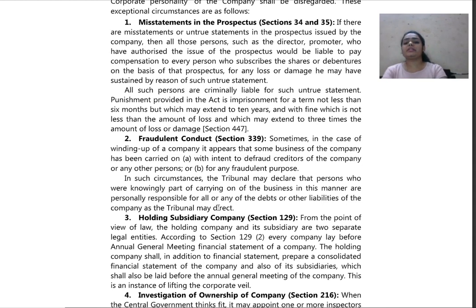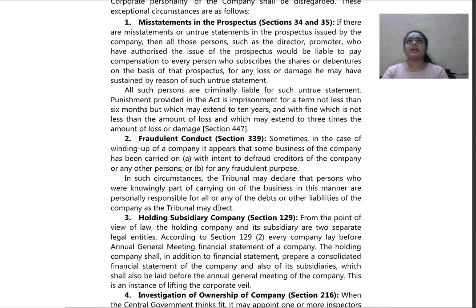So if there are misstatements in the prospectus, then in that case all the directors, promoters or the persons who have authorized the issue of the prospectus shall be responsible and shall be liable to pay compensation to the shareholders or the debenture holders who relied on the prospectus, for any loss or damage he may have sustained by reason of such untrue statement.